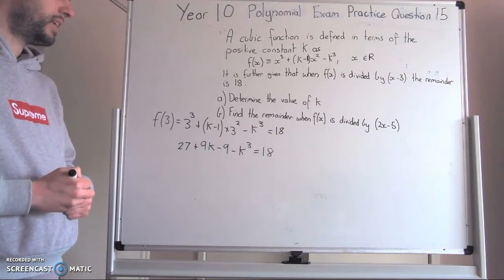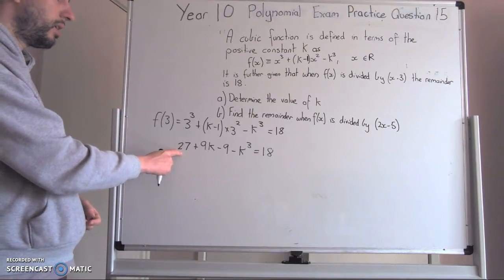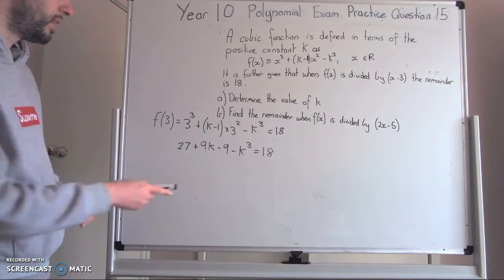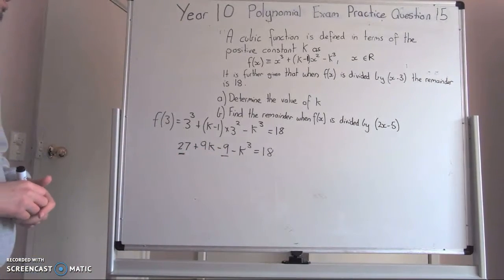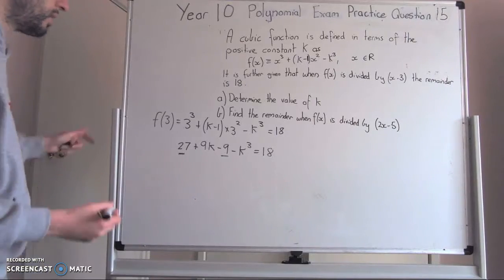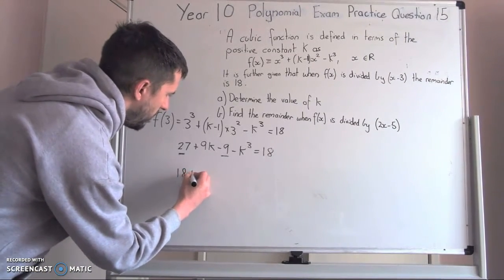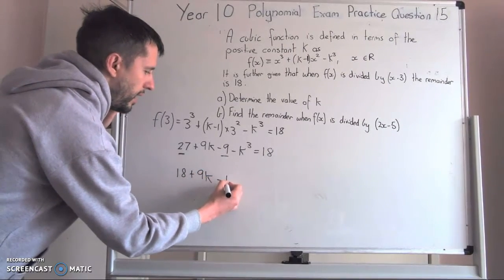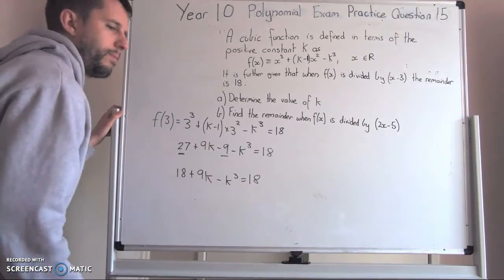The next step is getting my constants together and simplifying it. So I've got 27 and I want to take away 9, which gives me 18. So 18 plus 9k, take away k to the power of 3 is equal to 18.